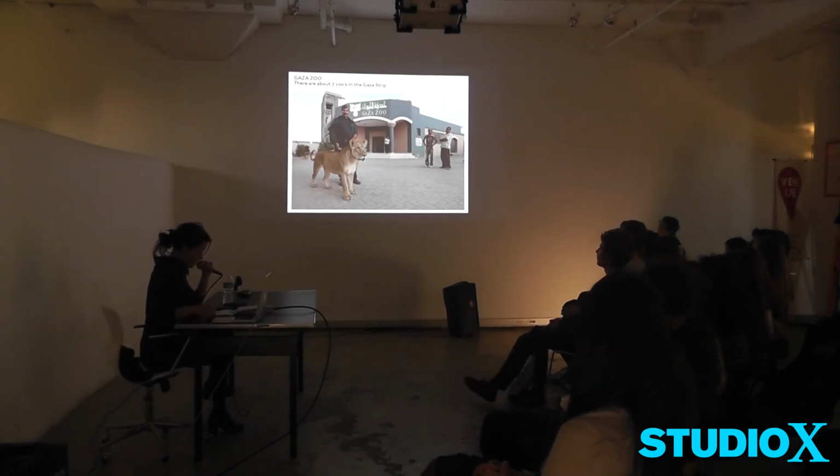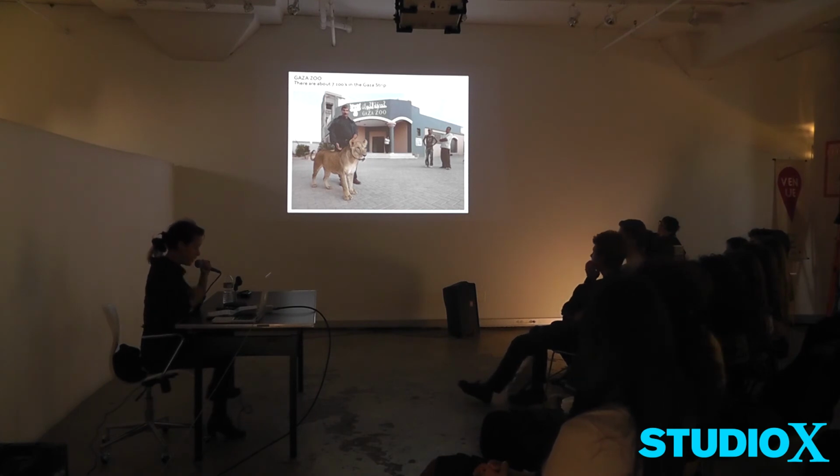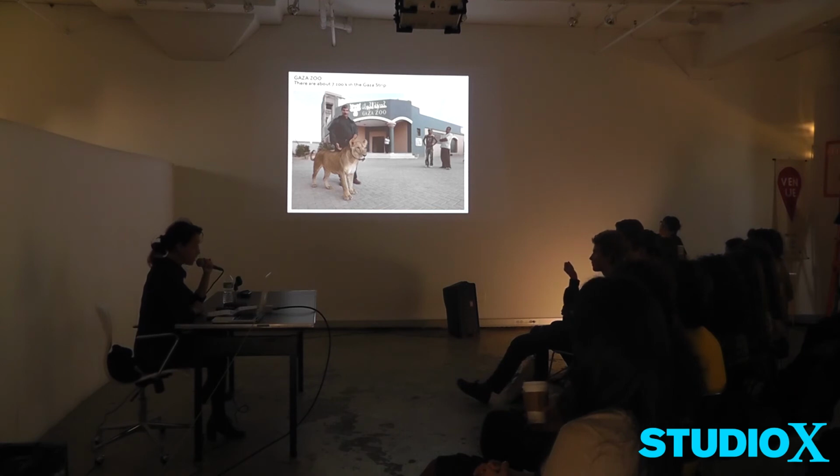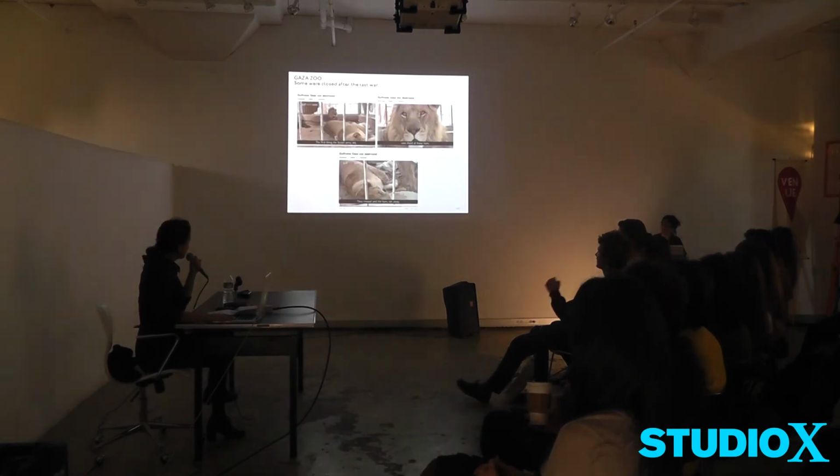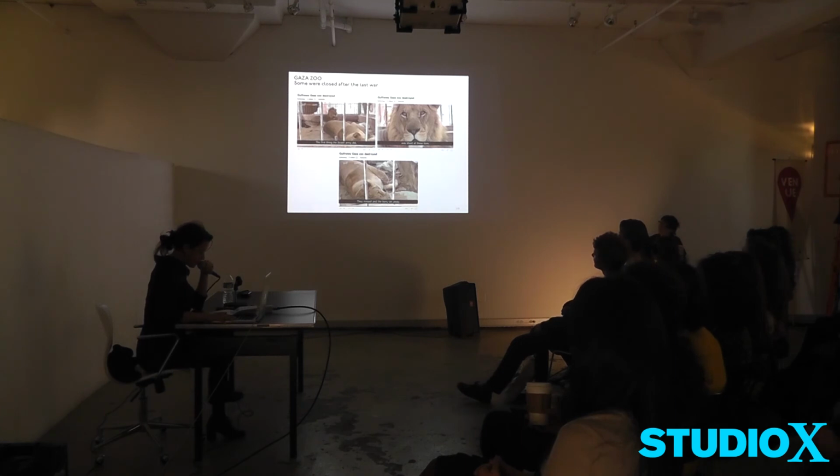Okay, back to Gaza. That's the parallel analysis that I've made. There are again about 7 zoos in the Gaza Strip, and Maryland, the one with the zombie, is one of them. Their stories are tragic.